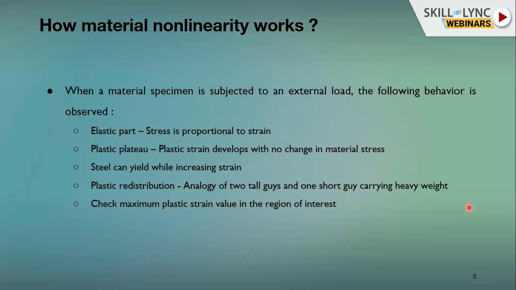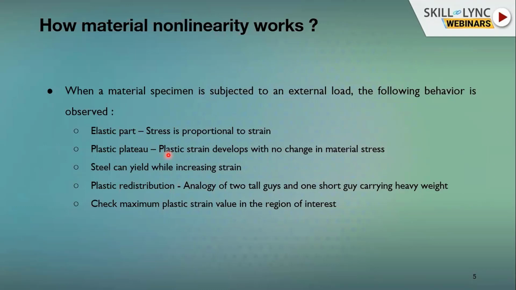So the first part that they observe, when you keep loading the specimen, is the elastic part, wherein everybody knows that stress is going to be proportional to strain. And the second part, which we are going to talk about, is the plastic plateau. Plastic strain develops with no change in material stress. This is what exactly is said: beyond a particular point, the stress does not increase, it remains constant.